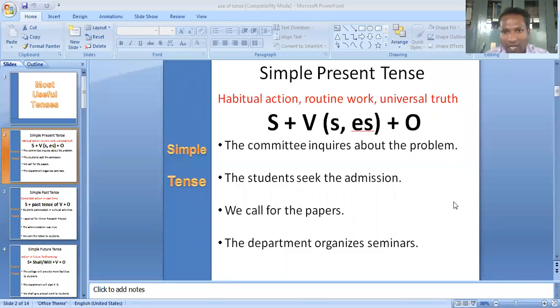Simple present tense starts with the habitual action and routine verb. It tells you what happens every day. It tells you what happens always. Routine means whatever happens as a routine, as a habitual action. What is the universal truth?